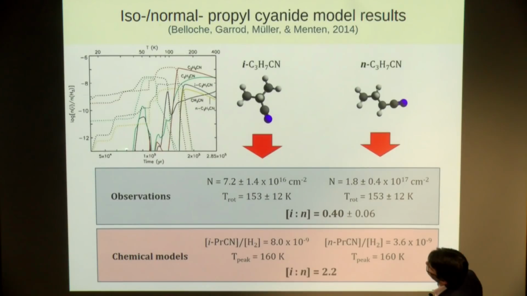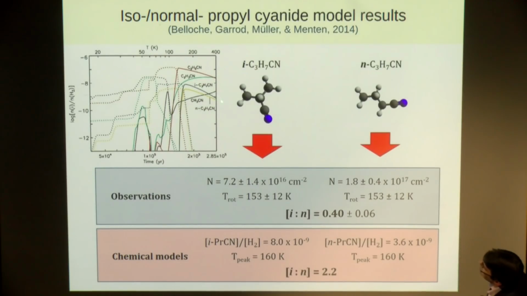So we've got time going on here, and at the same time, the temperature of this hot core, the star-forming region, is gradually increasing. Around 100 Kelvin, these ices, which are the dotted lines, desorb from the grains and are available in the gas phase to be detected. Okay, so we see our propyl cyanides here, our iso, which is a bit more abundant than the normal straight chain form, a little bit lower.